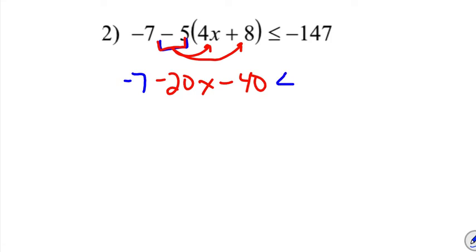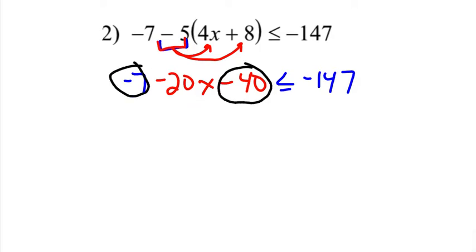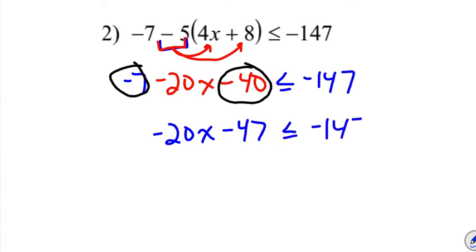Bring down the rest of the inequality: is less than or equal to -147. Now, combine your like terms. So I got a -7 and a -40. Those two are like terms. So bring down your -20x. This will be a -47 is less than or equal to -147.